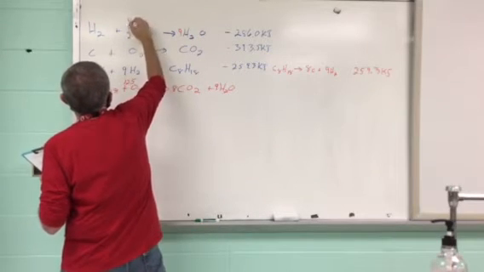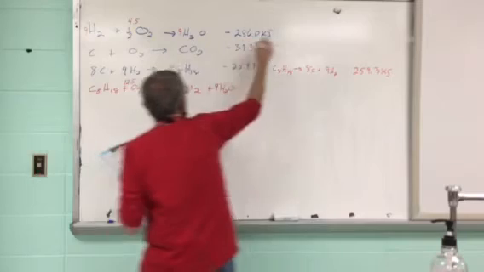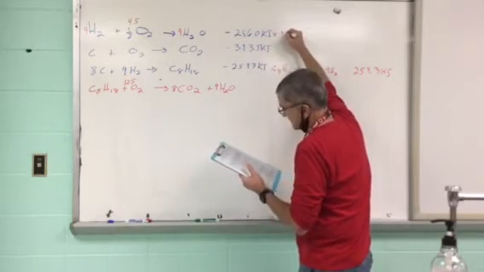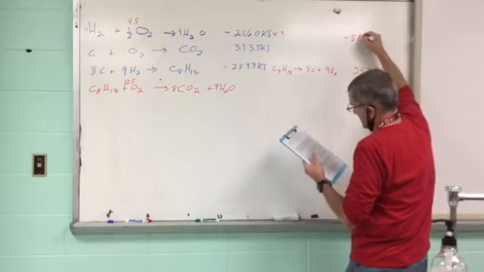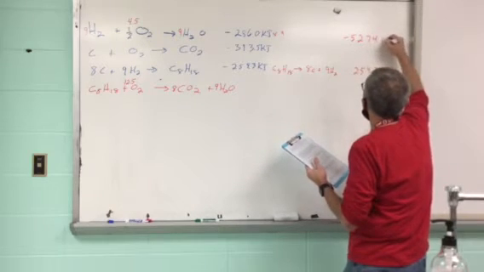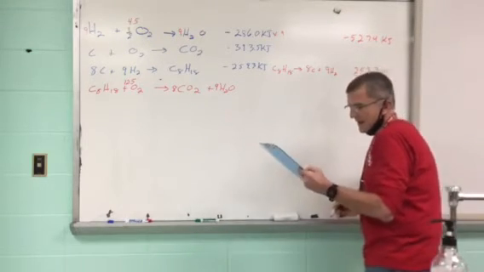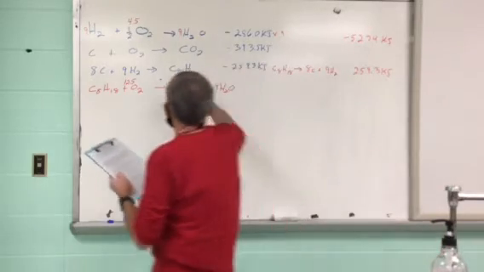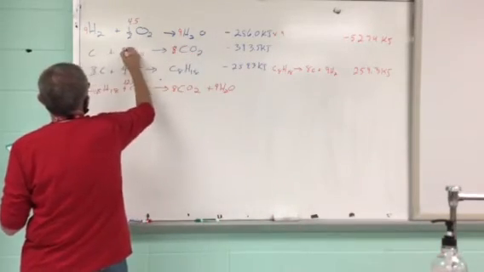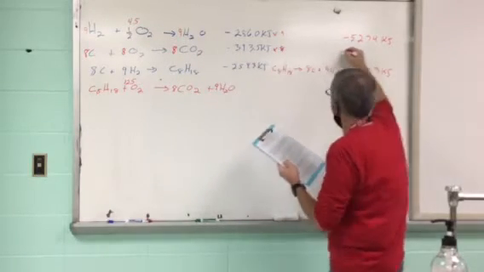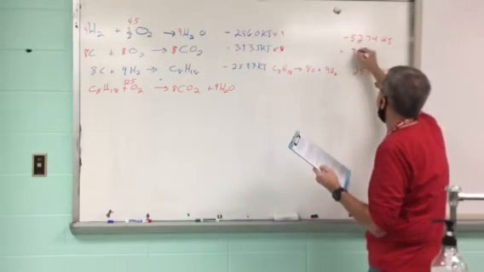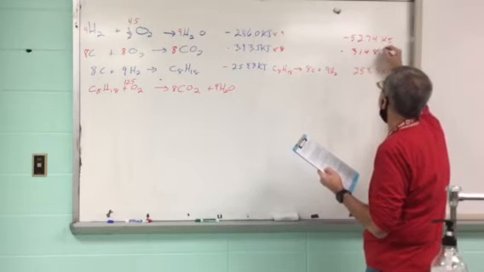This becomes 4.5, and this becomes 9. So I've got to multiply this by 9, and I get negative 5,274 kilojoules. And then I've got to multiply this by 8. So multiply this by 8, and that gives me negative 3,148 kilojoules.